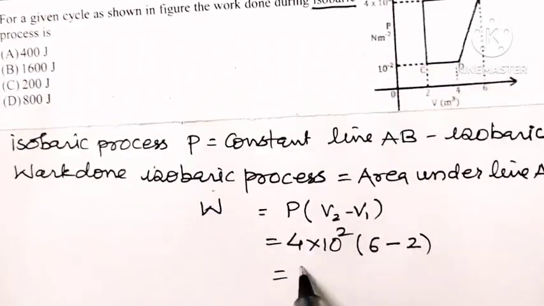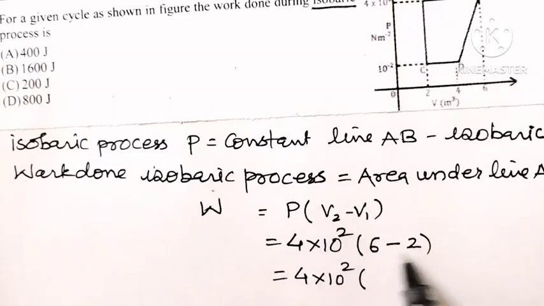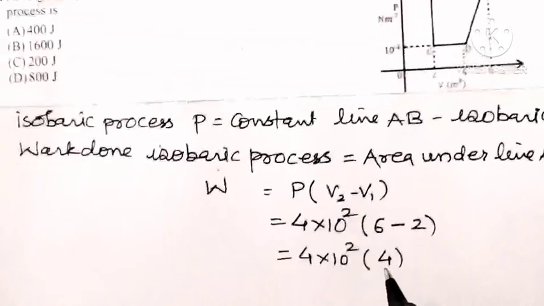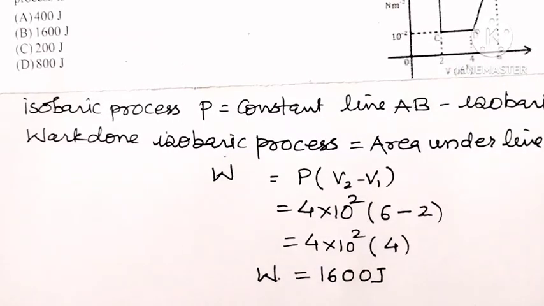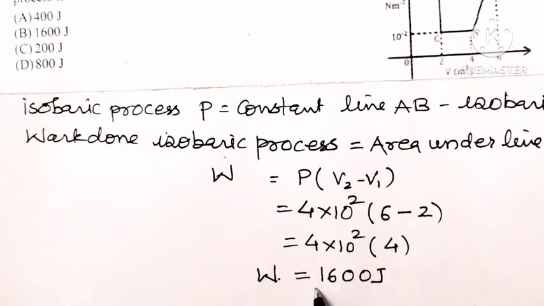So that is equal to 4 into 10 to the power 2 in bracket 6 minus 2, it is 4. So that is 4 into 4, 16 into 10 raised to 2, which means 1600 joule. So the amount of work done during isobaric process is 1600 joule.